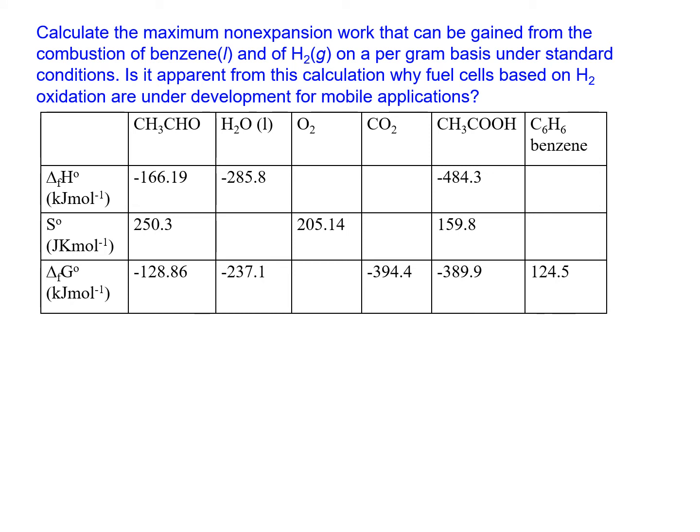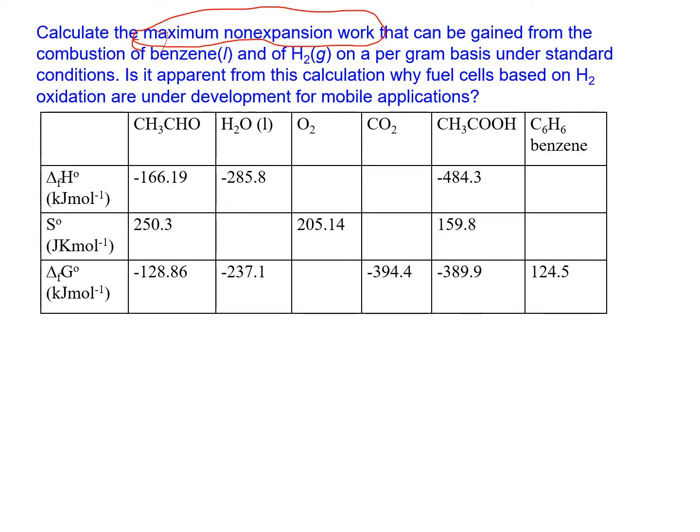The last question asks you to calculate the maximum non-expansion work. According to the second law, the maximum non-expansion work for a spontaneous process equals the Gibbs energy change. And therefore, this question is to ask you to calculate delta G under the standard state.